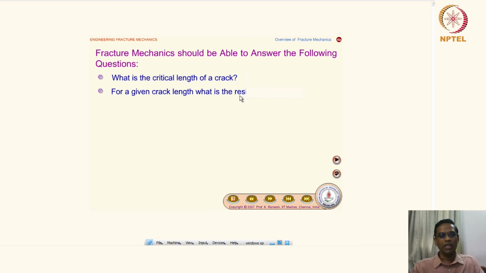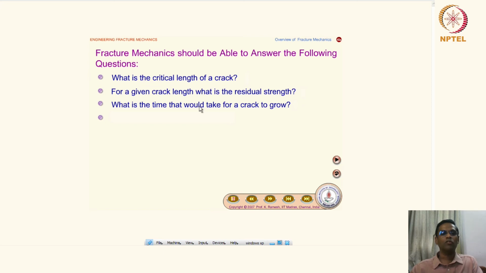What is the critical length of the crack? For a given length, what is the residual strength? So you know the critical crack length, then how long is this structure going to last before it fractures? That is again a question.